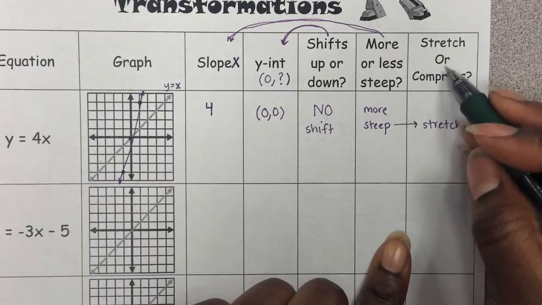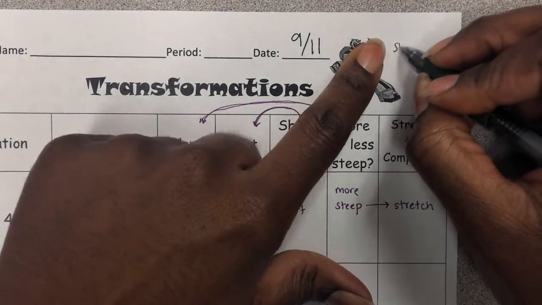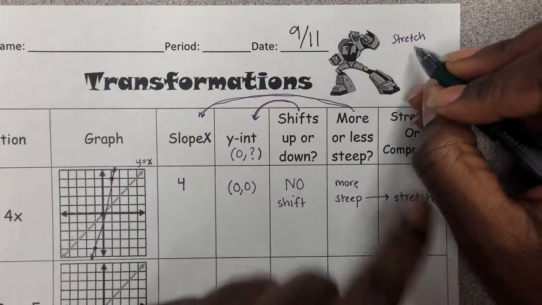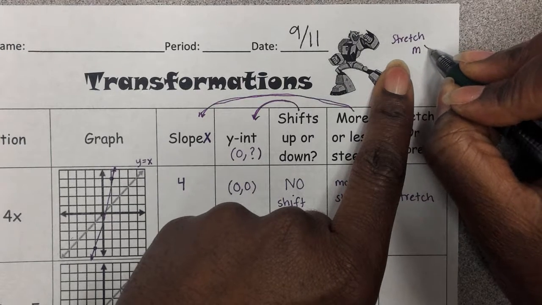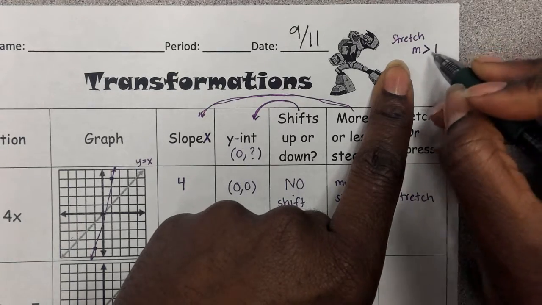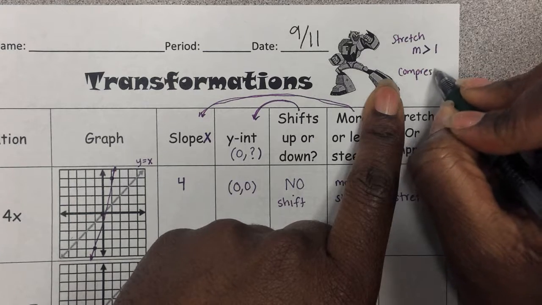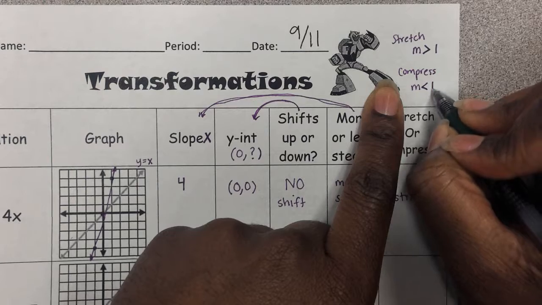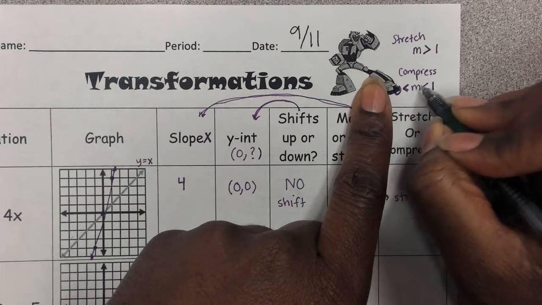Another way to know if it's stretch or compress is, and let's write that in the corner right here. Stretch means my slope will be greater than 1, and compress means that my slope would be less than 1, or actually in between 0 and 1.